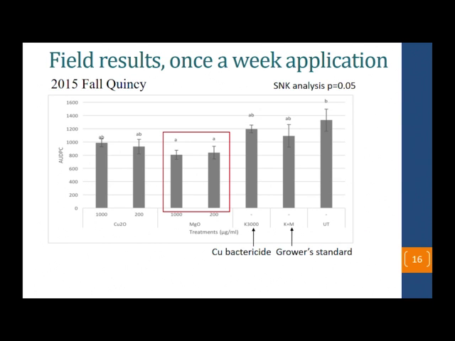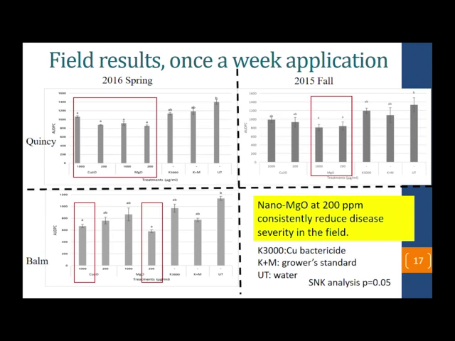Because of this interesting result, we did another 2 field trials, one in Quincy, Florida, and one in Balm. Although different field trials show different results, there's one treatment that consistently shows disease severity reduction, which is the 200 ppm magnesium oxide nanoparticle.